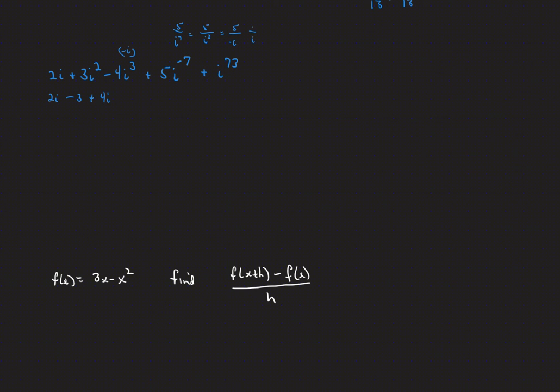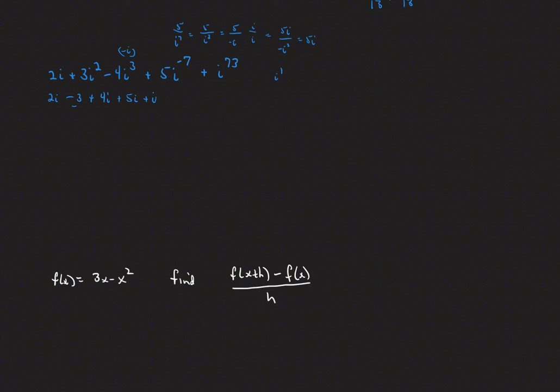We're going to multiply top and bottom by the conjugate of the denominator. That will take us to 5i and a -i squared, which is going to be a negative of -1, which will be +1. And so we end up with 5i. i to the 73rd, we're going to divide 73 by 4, and 4 goes into 73, let's see, 4 times 18 is 72, so our remainder is 1, so that's going to be just i to the 1st.